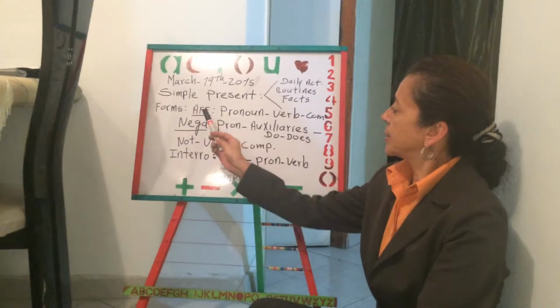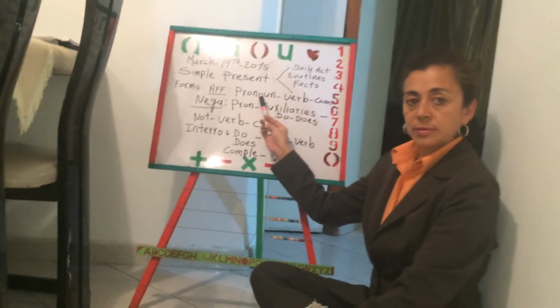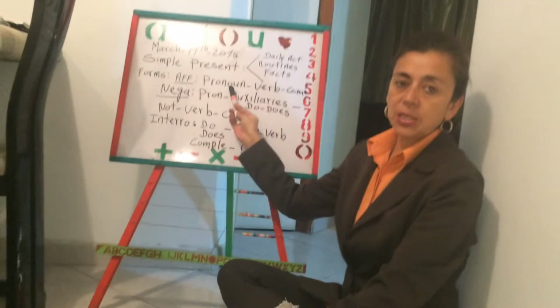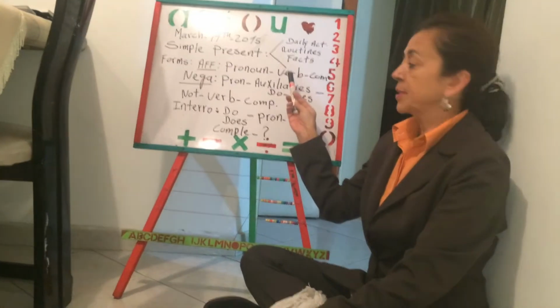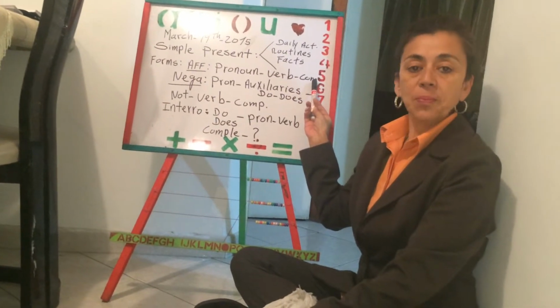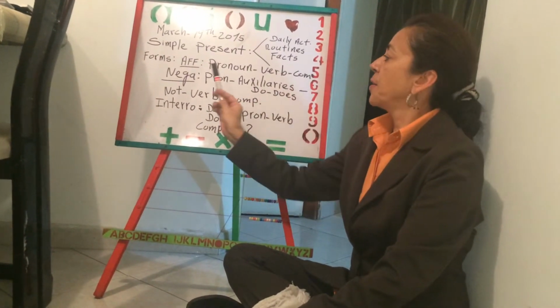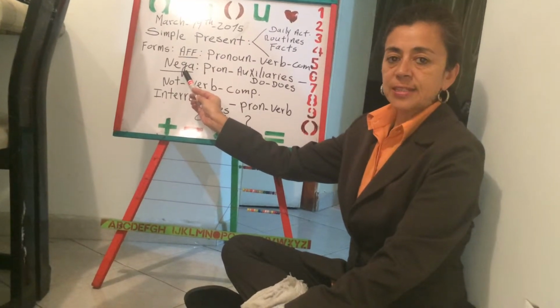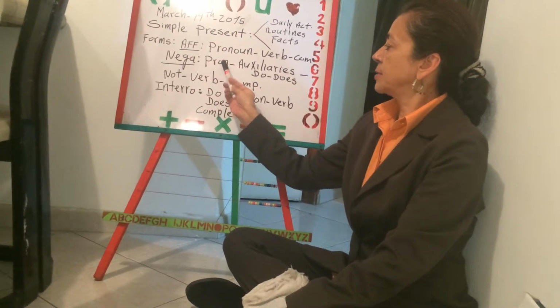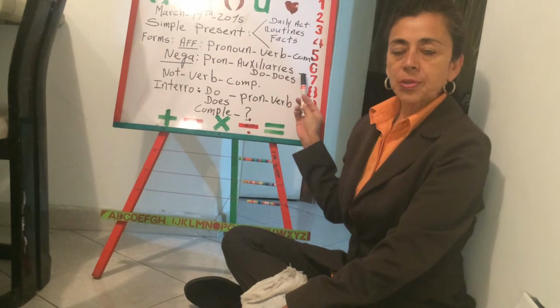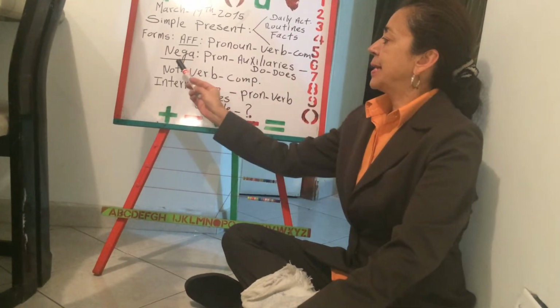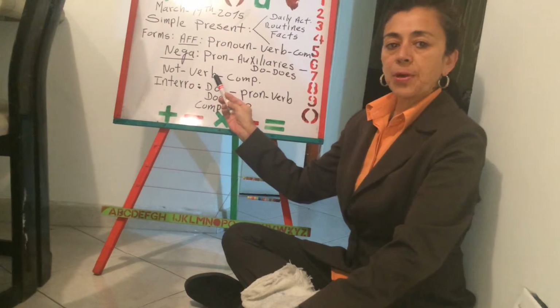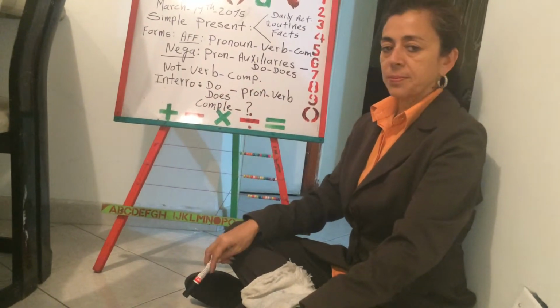form, we need the pronoun he, she, it, we, they, or you, the verb, and the complement. For the negative sentence, we need to use the pronoun, the auxiliary do or does, depending on the pronoun, not, the verb in present, and the complement.